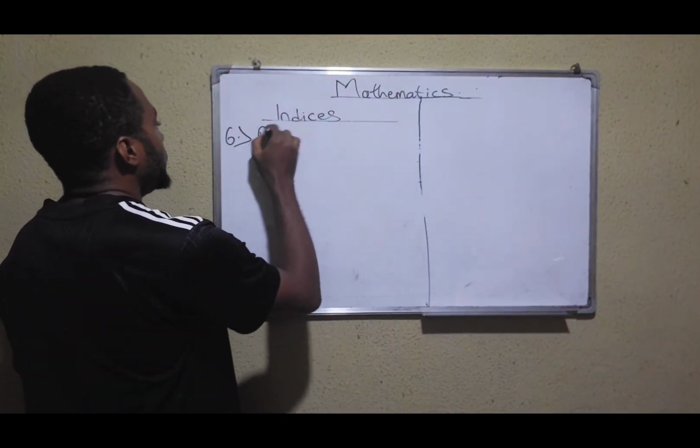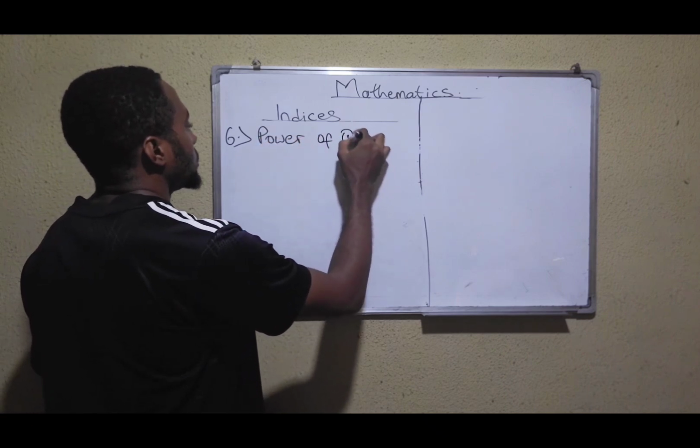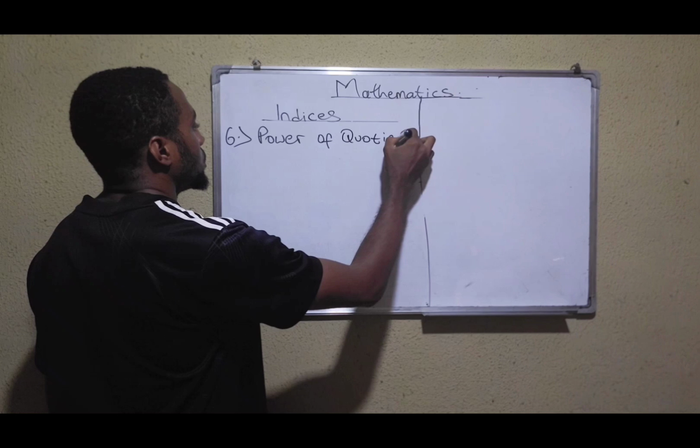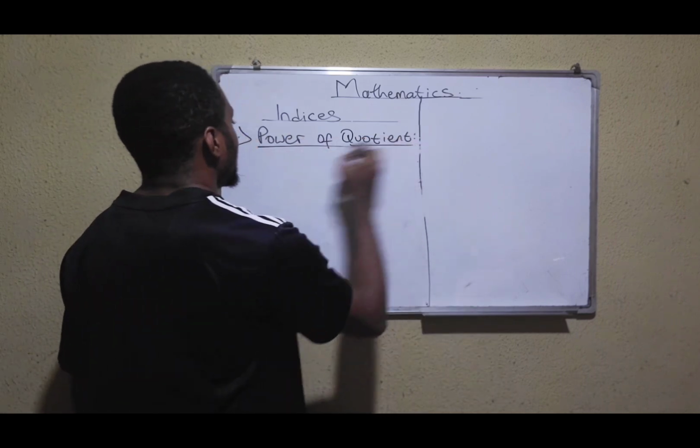Okay, moving on to number 6. We have the power of quotients. Now, what does this mean?